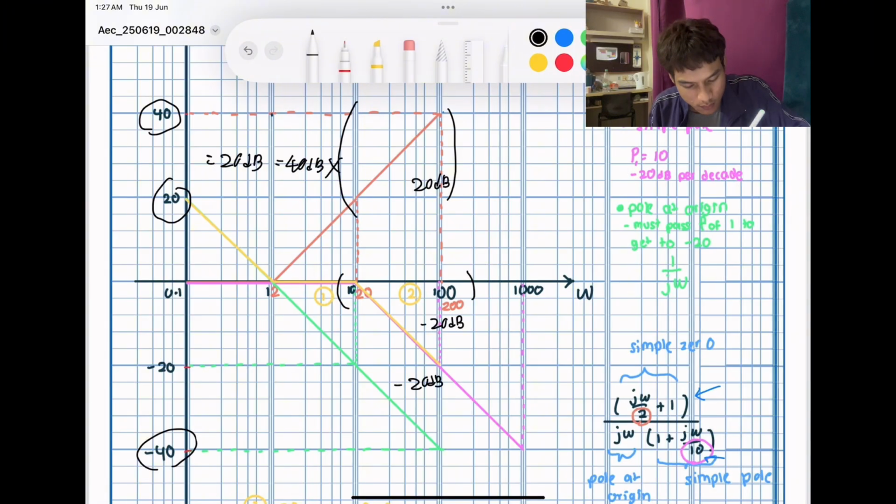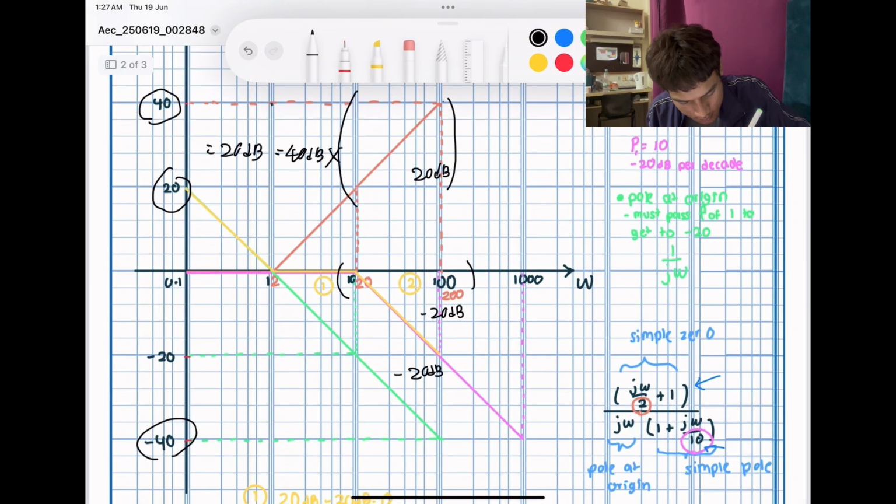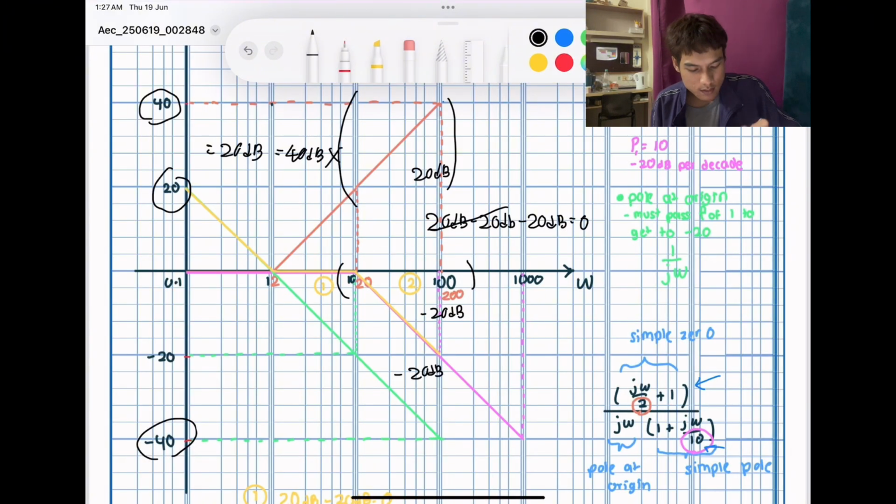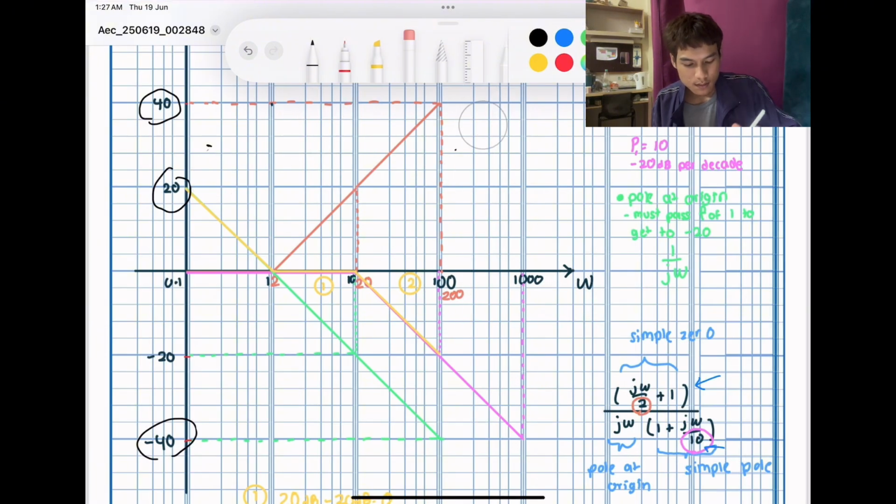If we do our calculations, you will get negative 20 decibels, as these cancel each other, and the last result is negative 20 decibels. That's why the line of magnitude for the Bode plot at the last few frequencies will go down right here. It will decrease until negative 20 decibels. So now our Bode plot for the first question has been completed.